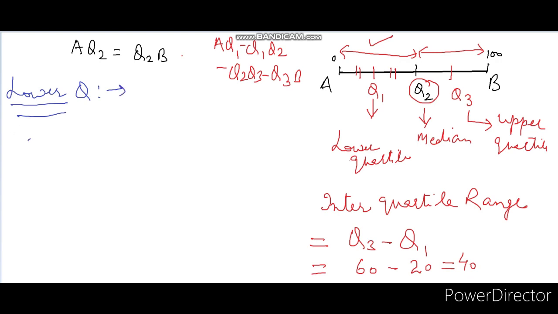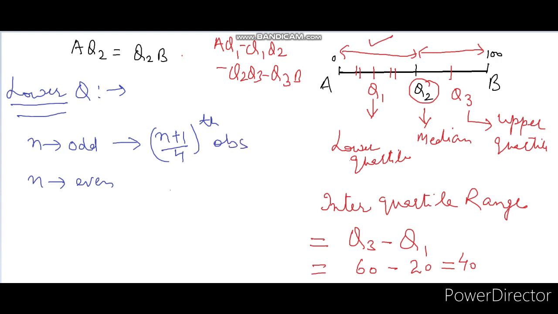Here I will discuss the case when n is odd and when n is even. When n is odd, the lower quartile is the (n+1)/4th observation. When n is even, the lower quartile is the n/4th observation. These quartiles divide the data into four equal parts, so the first 1/4 part gives us the lower quartile observation.